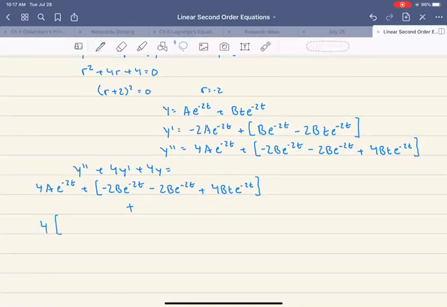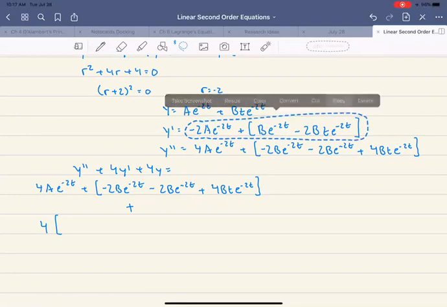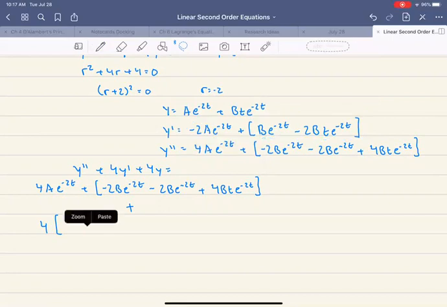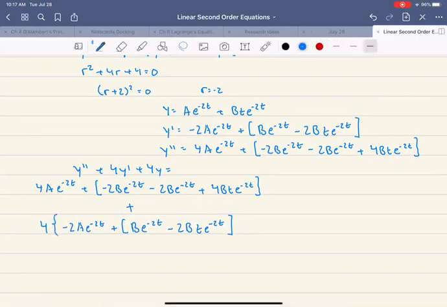Let me put a curly bracket here, plus 4 times y.